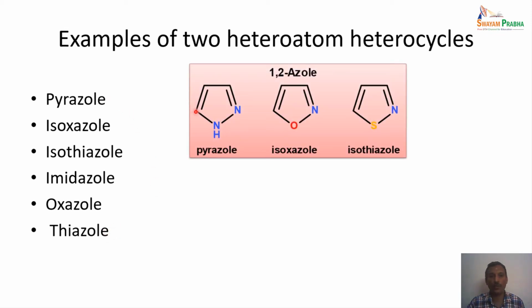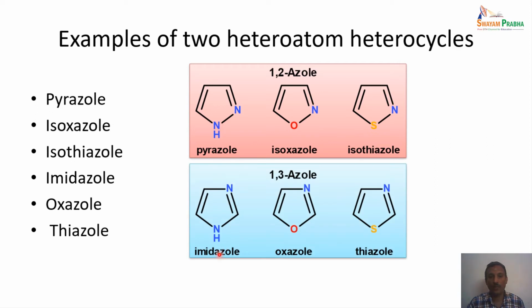In this particular case, pyrazole, isoxazole and isothiazole are called 1,2 azoles. That means the substitution is at 1,2 positions. And imidazole, oxazole and thiazole are called 1,3 azoles. Here the nitrogen with the hydrogen is considered as number 1. So 1, 2, 3.